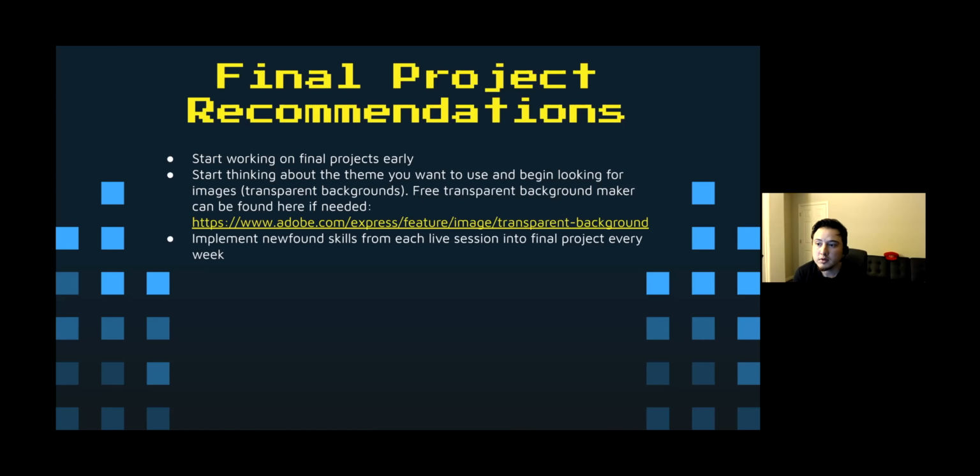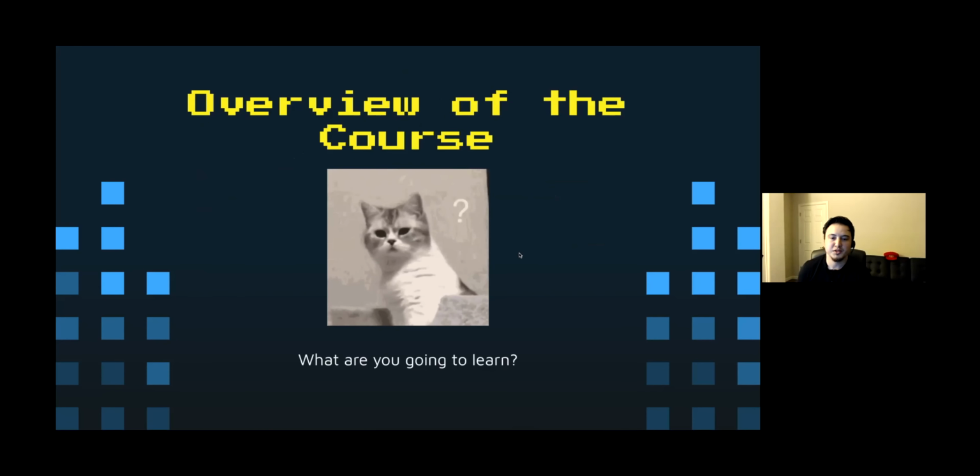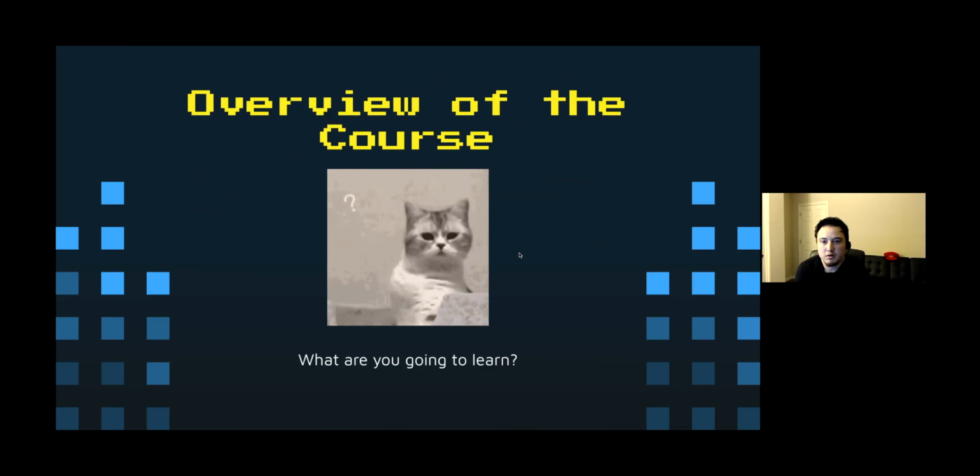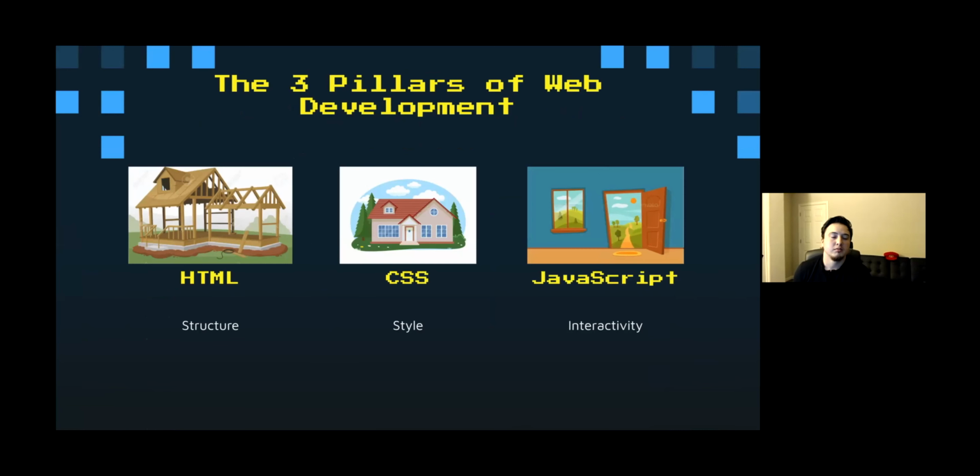No, you answered it. Okay, so let's do an overview of the course. What are you going to learn in this class? You have web development. I see web development as 3 pillars, and that's HTML, CSS, and JavaScript. HTML is more so the structure.